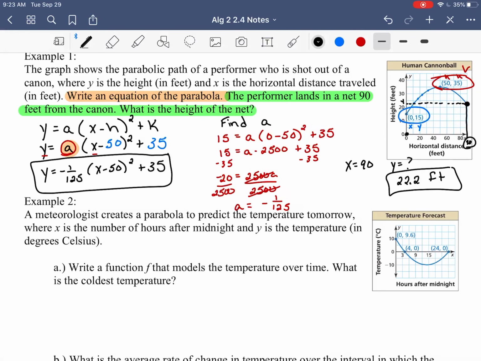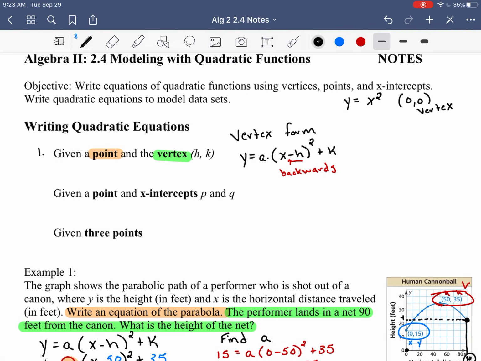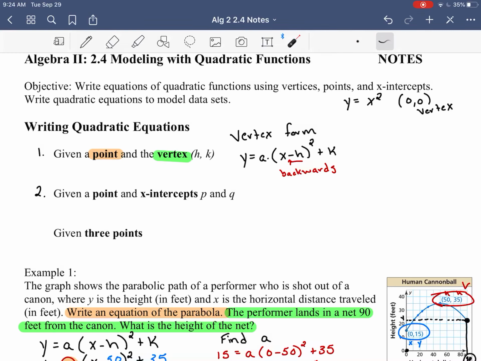Okay, all right, next. So that's if you're given a point and a vertex. Second, what if you're given a point and x-intercepts? So we're given where it crosses the x-axis. Again, remember that's what x-intercepts mean, where it crosses the x-axis.